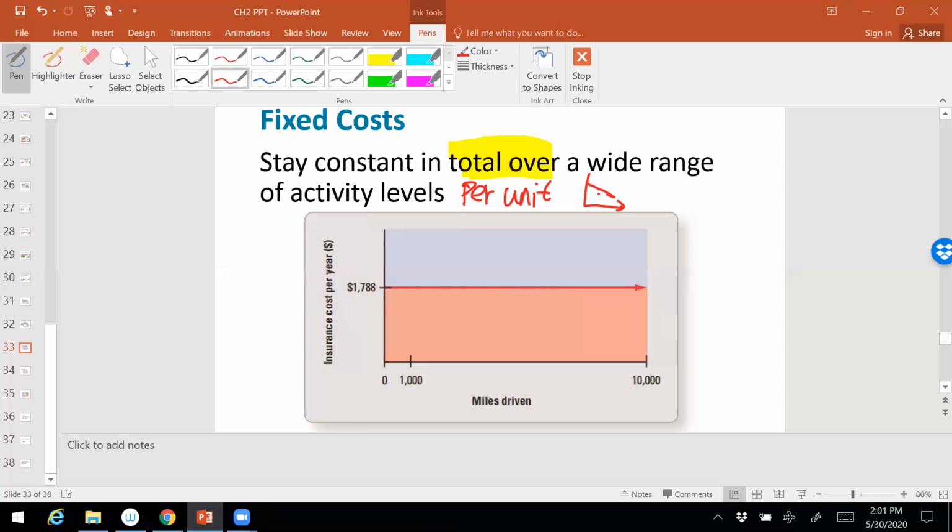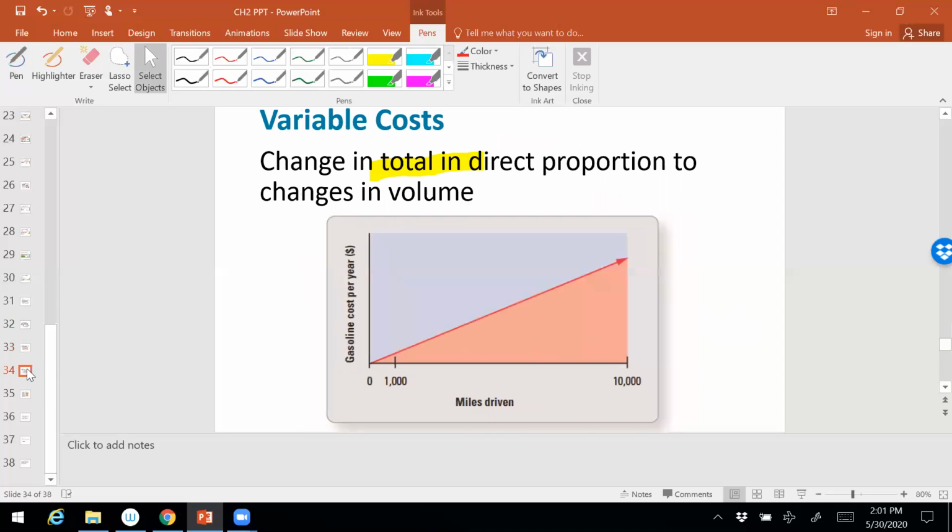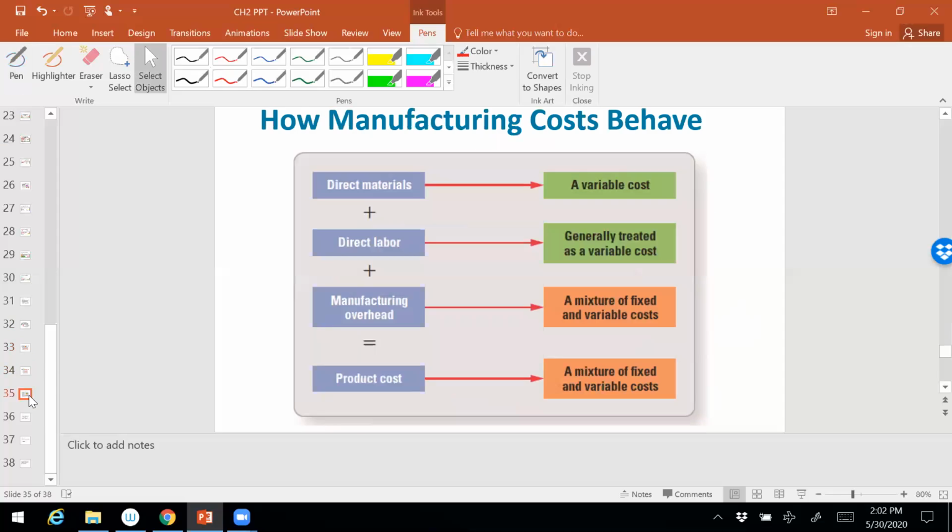And your variable cost per unit is constant, right? So the first mile, the gas is $2, second mile is also $2.